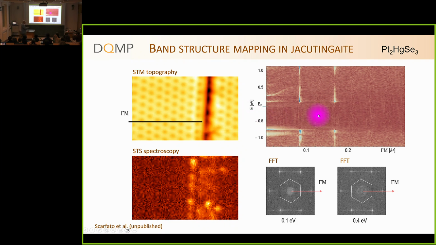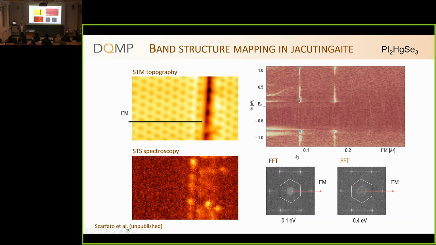This would be gamma m. And again here this is a topological insulator, you see the gap. And you see here a band dispersing, and this you can understand down here. You see if you go up in energy, the position in Q space is at higher Q. So here if I go up in energy, first at low energy I have an amplitude here. At higher energy my Q amplitude is higher up.